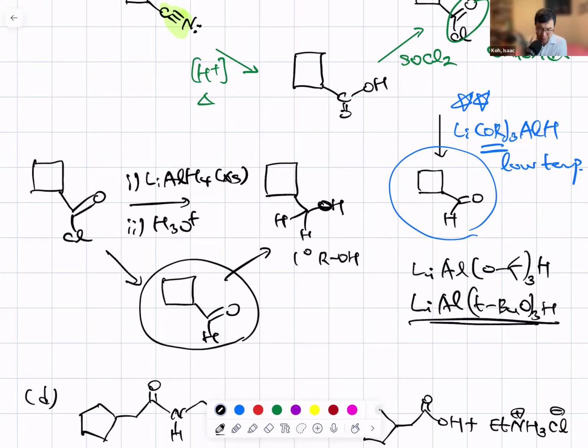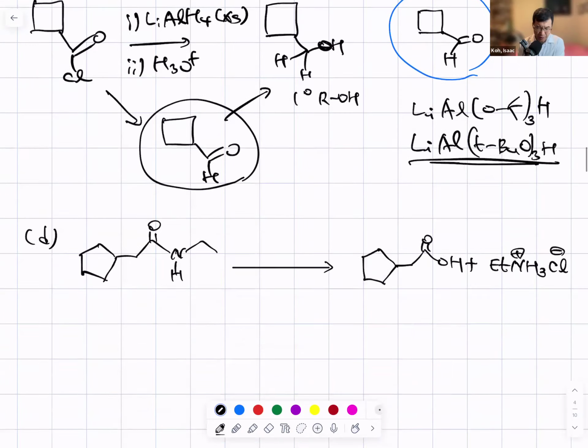Please remember this chemical reaction. We are using many different reagents. See the difference between lithium aluminum hydride versus lithium aluminum trialkoxy hydride.